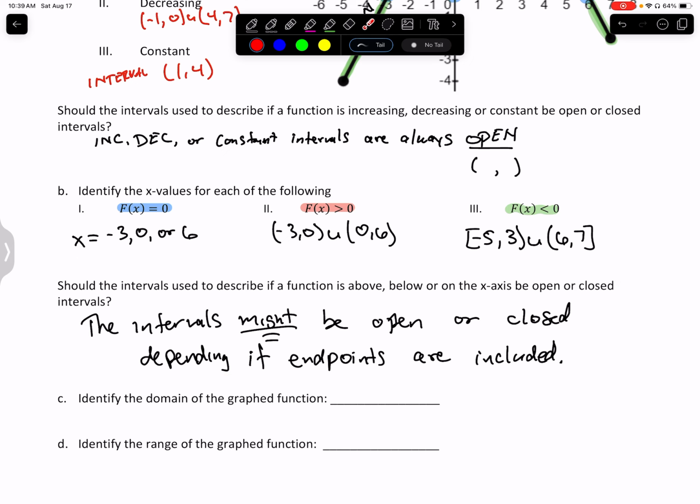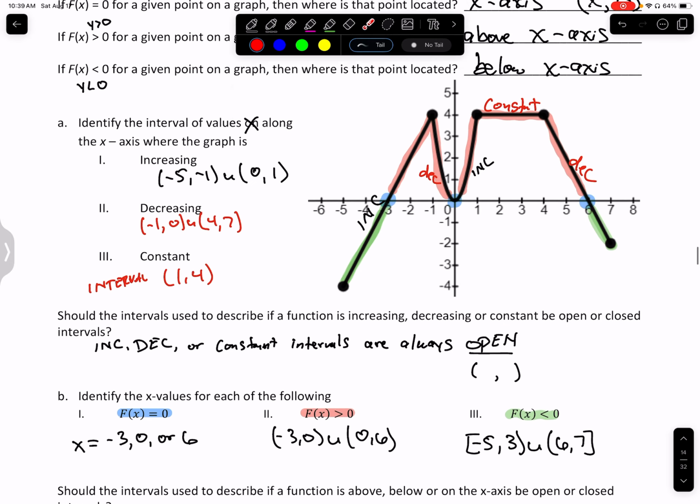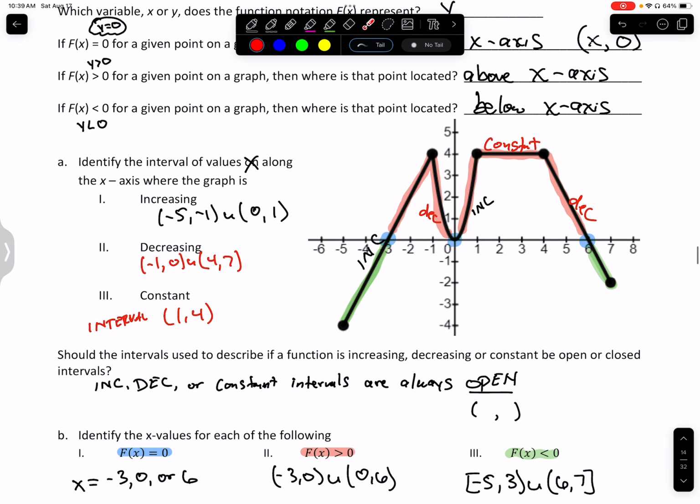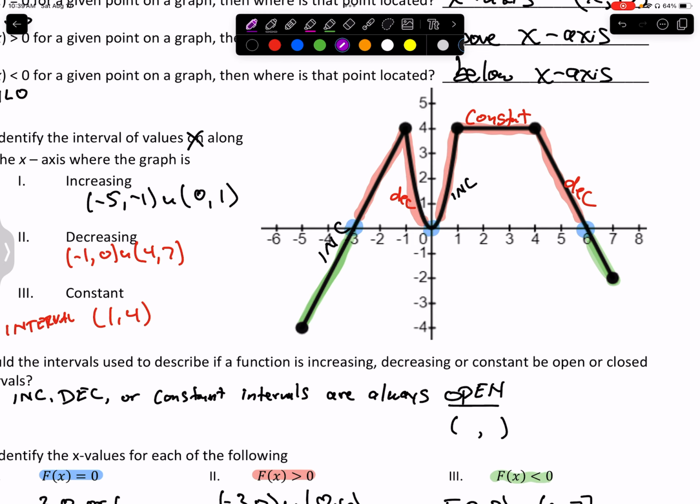Identify the domain of the graphed function and the range. Domain are the x values that are included. Oftentimes what I do for this, and this is not required, this is optional, I start on the x-axis where the graph starts. The graph starts at -5, and it includes it. So I'm going to put a bracket here. And if you notice, as we move from left to right, there's no breaks in the graph.